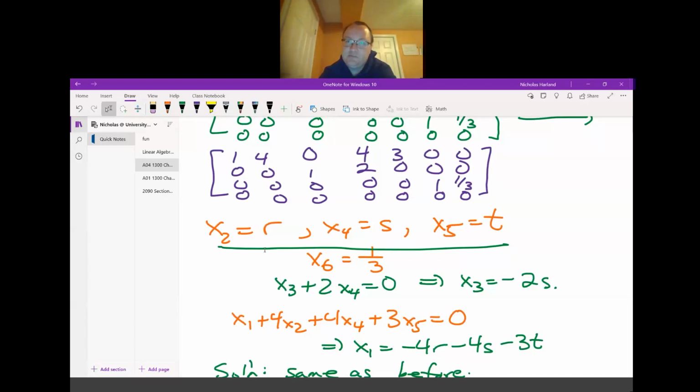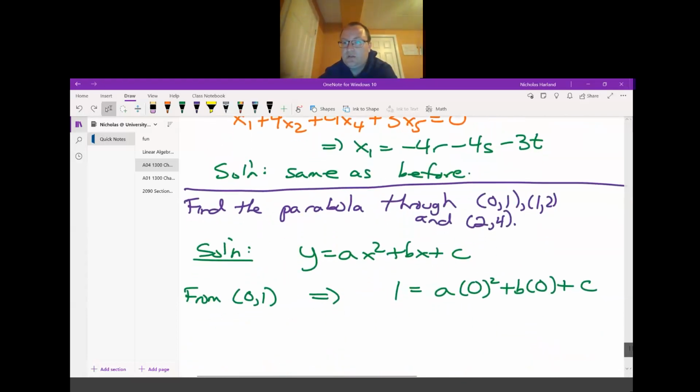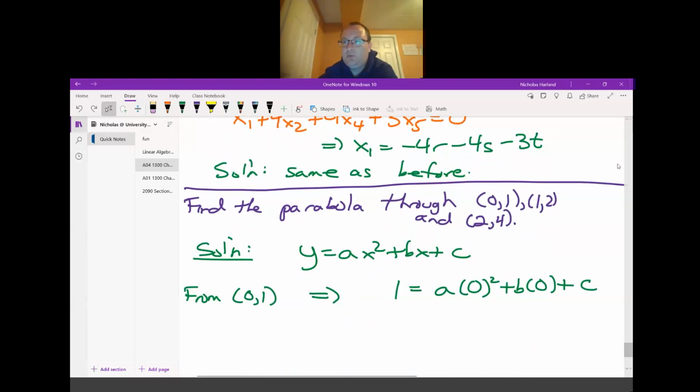The only difference between the two situations is how easy it was to solve for that x3, but the fact that it wasn't a free variable had nothing to do with whether or not we were in RREF or just REF.